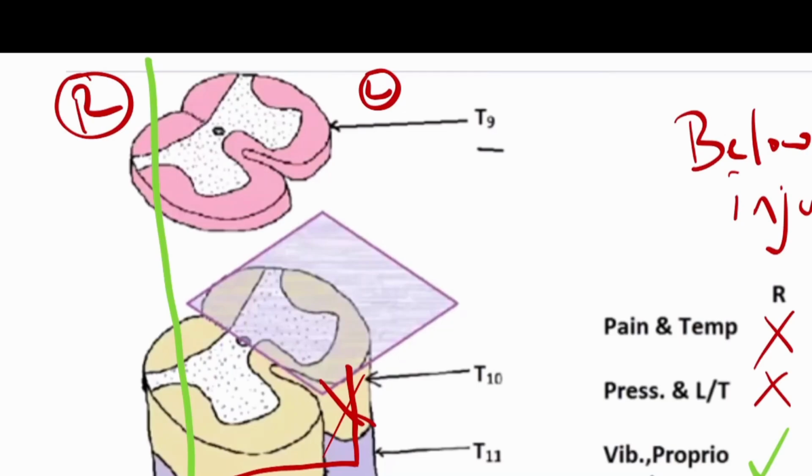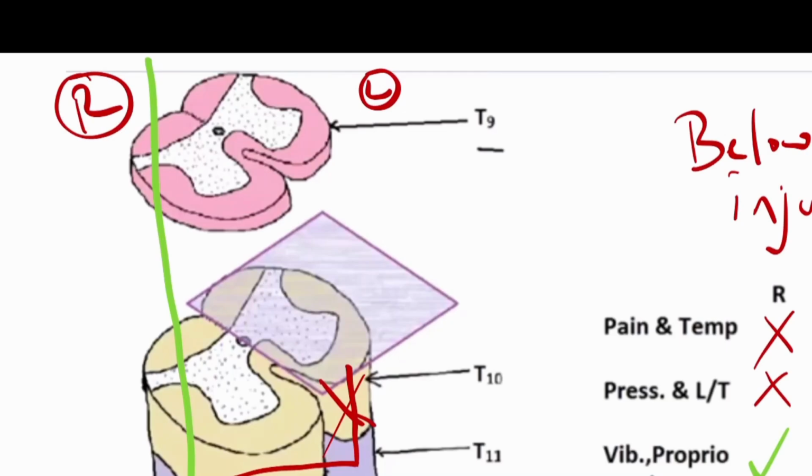Okay. The last one is below the level of the lesion with upper motor neuron or lower motor neuron diseases. On the right side, the right leg, I'll put this in blue. Where is the crossover for motor?